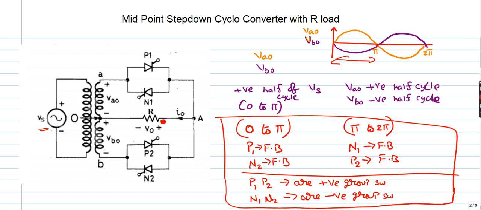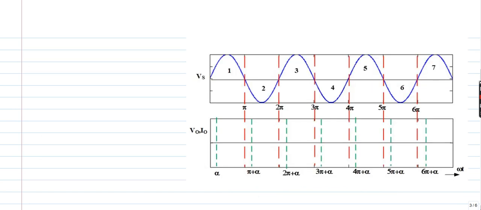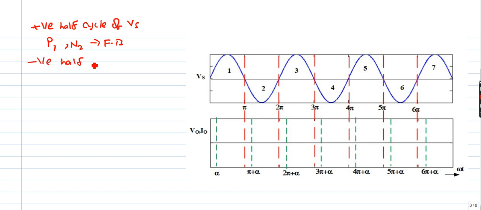Alright, so based upon this information, we'll try to draw the waveforms for this. Again, I'm writing those points here. During positive half cycle of Vs, we are going to have P1, N2 in forward blocking mode. During negative half cycle of the supply voltage, P2, N1 are in forward blocking mode.